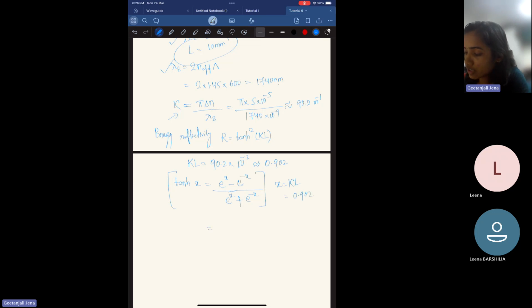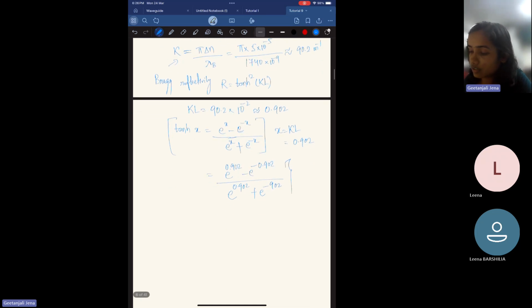So you just need to find e to the power 0.902 minus e to the power minus 0.902, over e to the power 0.902 plus e to the power minus 0.902. Just use this and square the value so that you get the square of tanh x.